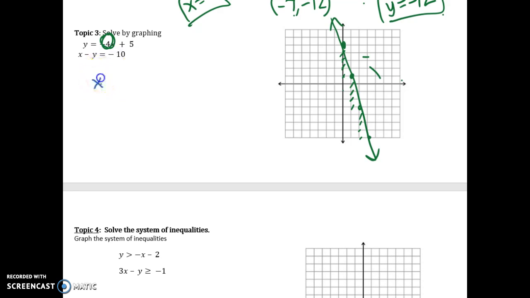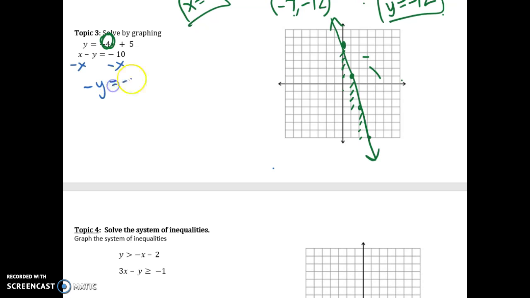So like if I plug in 0 for y, I get -10, which isn't really helpful because my grid doesn't go to -10. So let's graph that plane. But you can always plug in 0 for y and 0 for x and just plot those two points and connect the dots. Let's get y by itself.